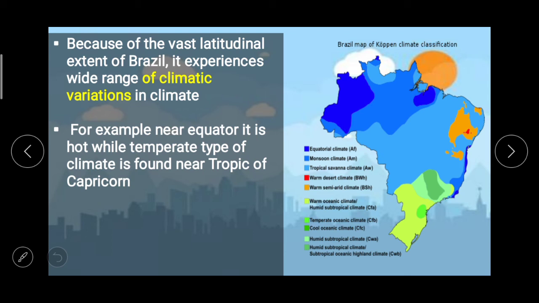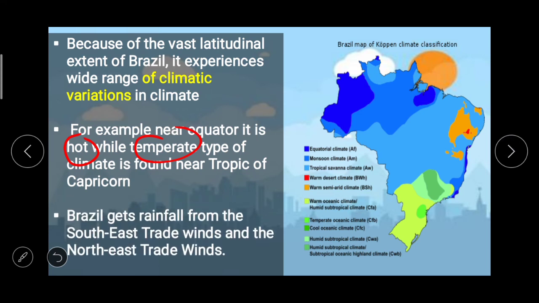For example, near the equator it is hot, while temperate type of climate is found near the Tropic of Capricorn. So here it is hot near the equator, and temperate type of climate is found near the Tropic of Capricorn.